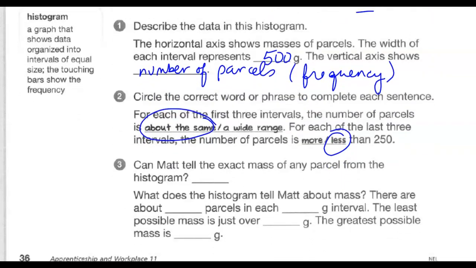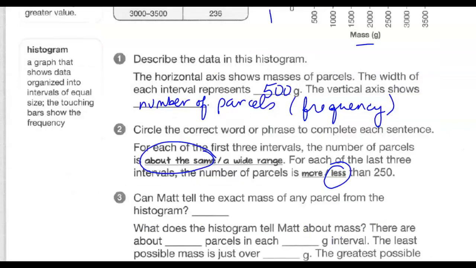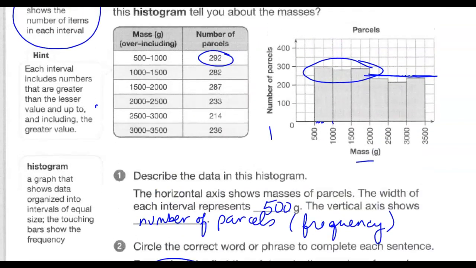Can Matt tell the exact mass of any parcel from the histogram? No, because this is a frequency. It's not actually the mass in here, right? The masses are horizontally, so you know he won't be able to. What does the histogram tell Matt about mass? There are about how many parcels in each interval. So the intervals are 500 grams and about, well, they're all pretty close. So in the first three, there's about 300.